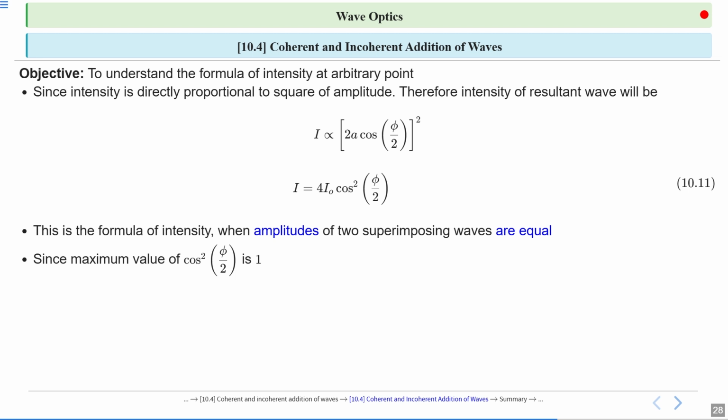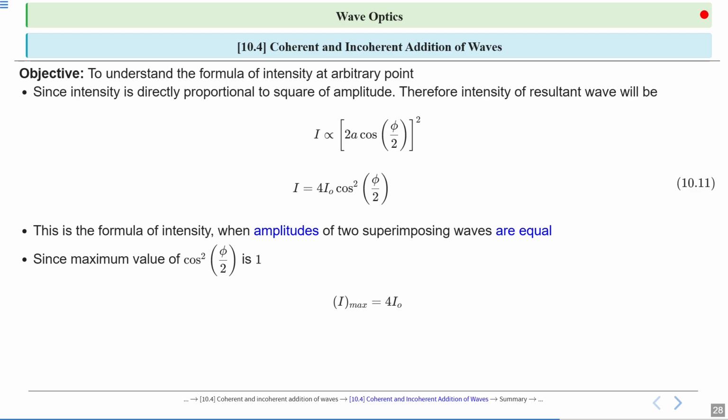That is the case when cos square(phi by 2) is 1. Then I max will be 4 I naught. When cos square(phi by 2) is equal to 1, that means phi by 2 is equal to 0 degree, which means phi is 0 degree.